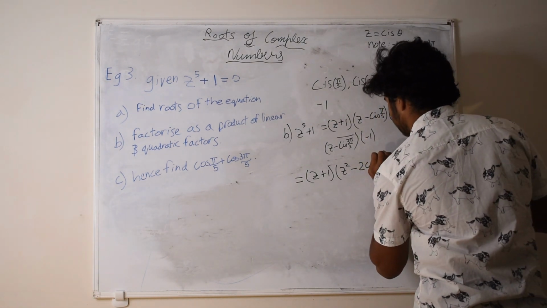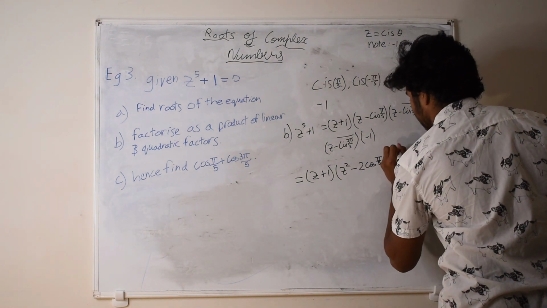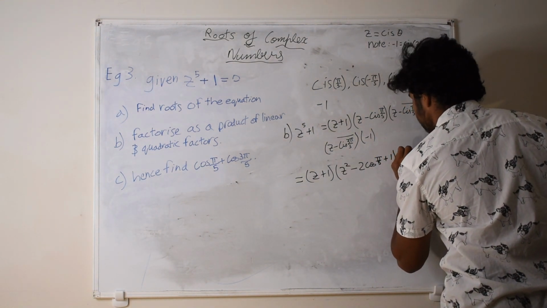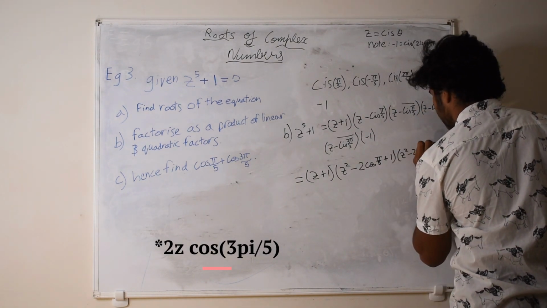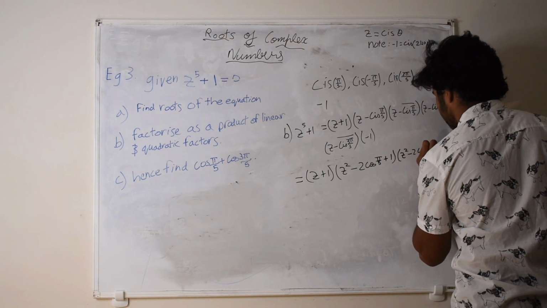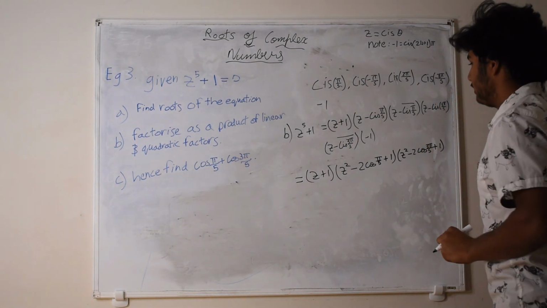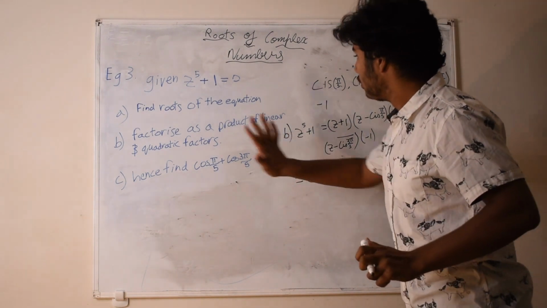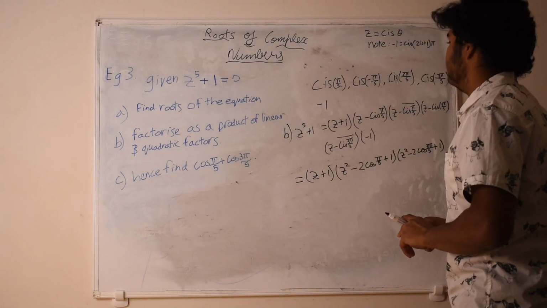Yep. Plus, we get 1. And then, same thing, z squared minus 2 cos 3 pi on 5 z plus 1. So these are your quadratic factors of this over here.